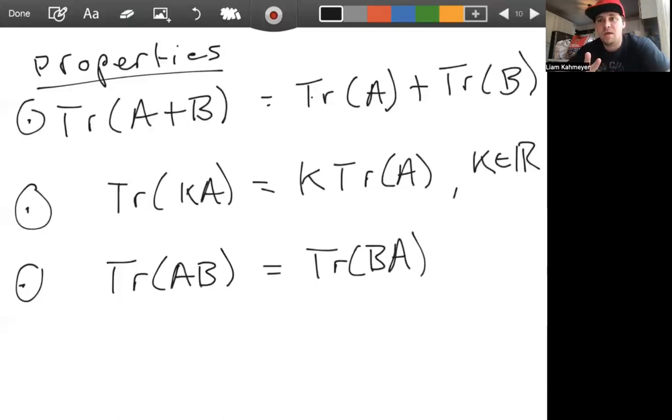Even though AB may not be equal to BA, because matrix multiplication is not commutative in general, we still have that the trace is the same.